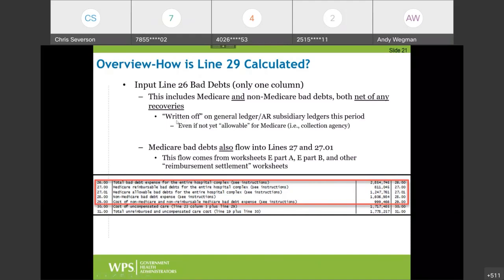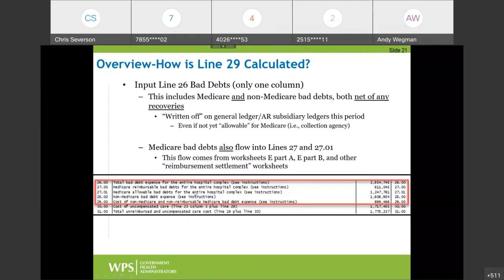Specifically, we're looking for, again, both Medicare and non-Medicare that have been written off of your general ledger, your accounts receivable subsidiary ledgers during that period. The key thing with that is that here we're talking financial statements, we're talking GAAP, we're not necessarily talking about Medicare rules of bad debts. We all know that there are a lot of different rules that apply to Medicare before it's allowable for Medicare reimbursement.